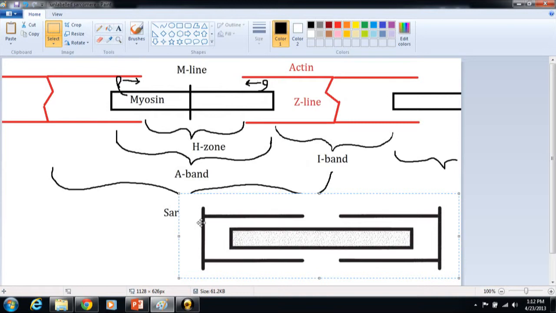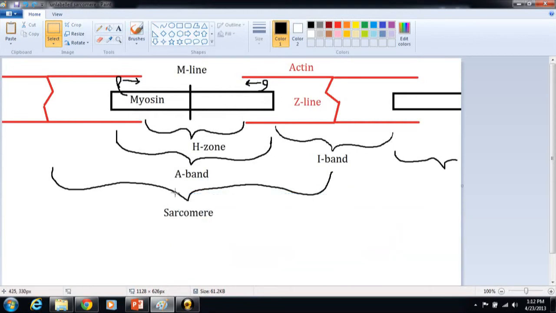The Z lines are closer together, and the H zone has shrunken, and if it was fully contracted, it would be almost nothing. Okay, so those are the different parts in the sarcomere, and that's what happens during contraction.